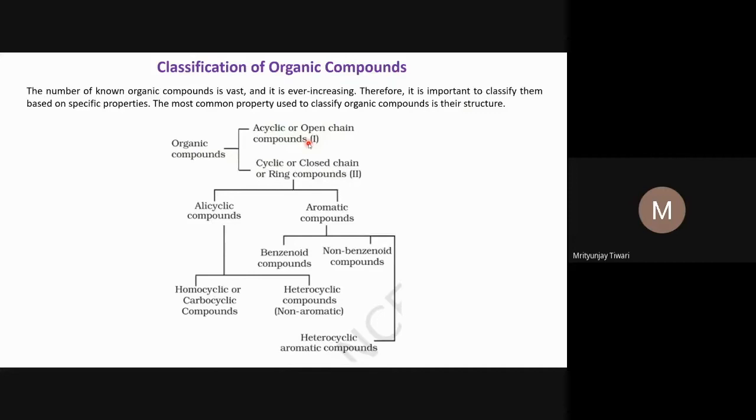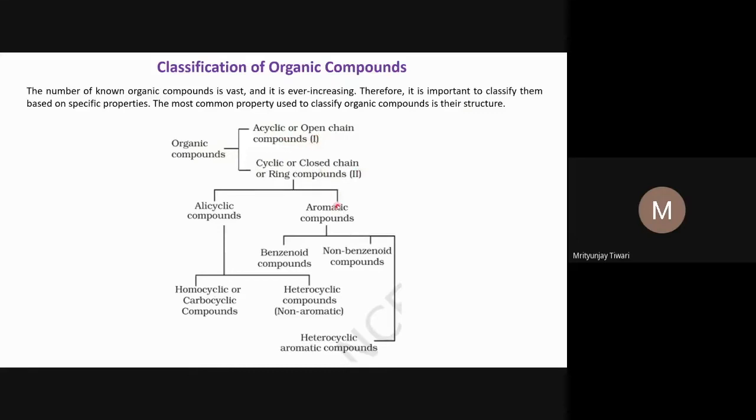So that will be called paraffin. And then the olefins we know are examples of alkenes, with a double bond between two carbon atoms. Then there might also be a carbon-carbon triple bond, like the acetylene example that we have seen earlier. These are open chain or acyclic compounds.